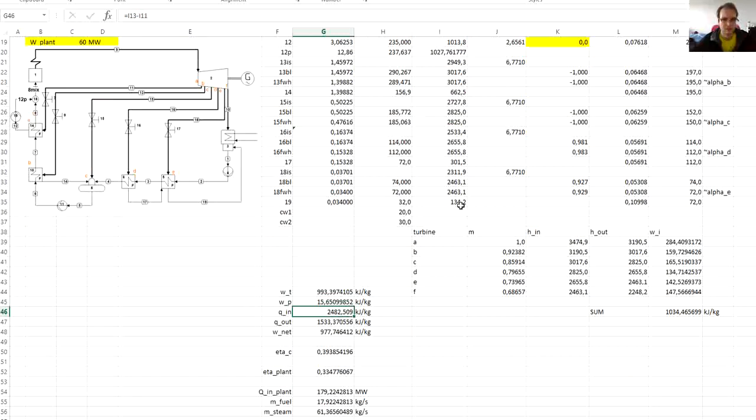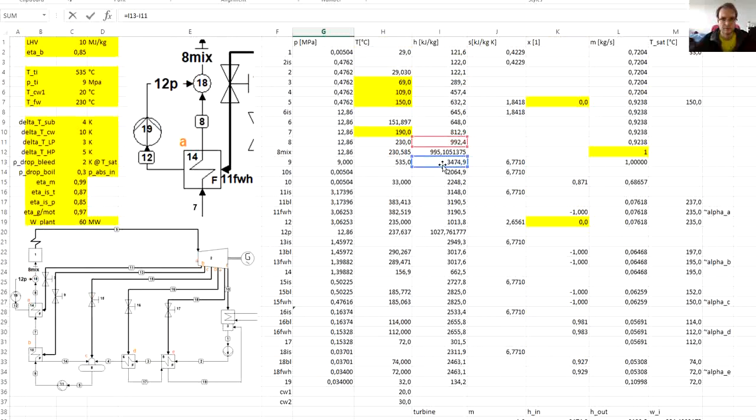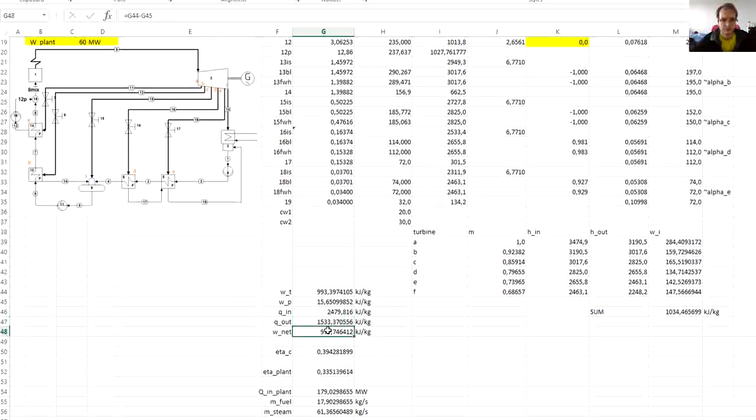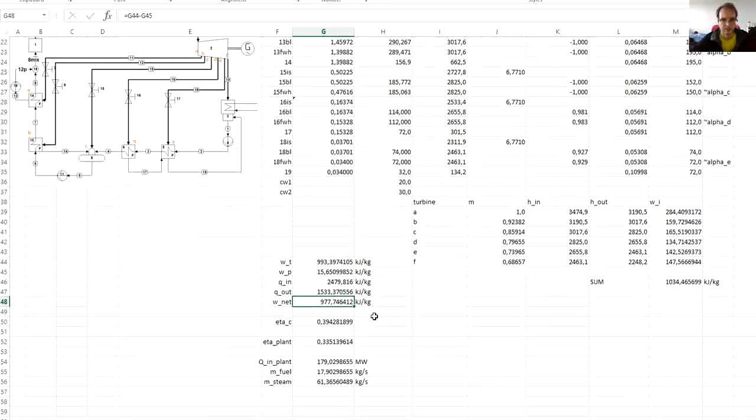Heat input, we need to take into consideration the 8 mix. Network output, the function remains the same, and remaining functions for efficiencies remain also the same.